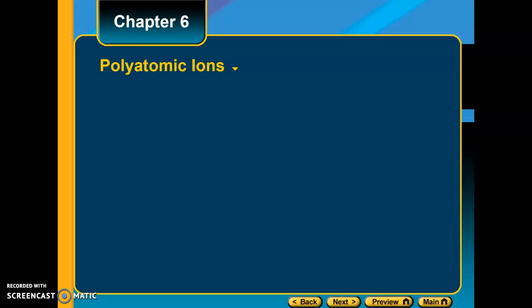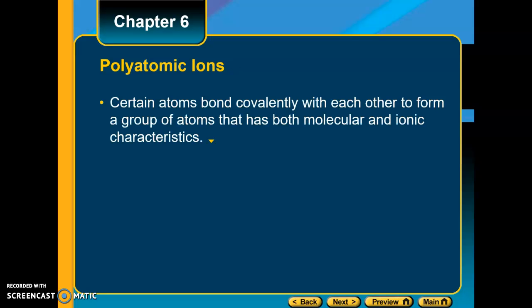There is, when we deal with ionic compounds, a group of atoms acting together, sometimes called molecular ions or polyatomic ions.